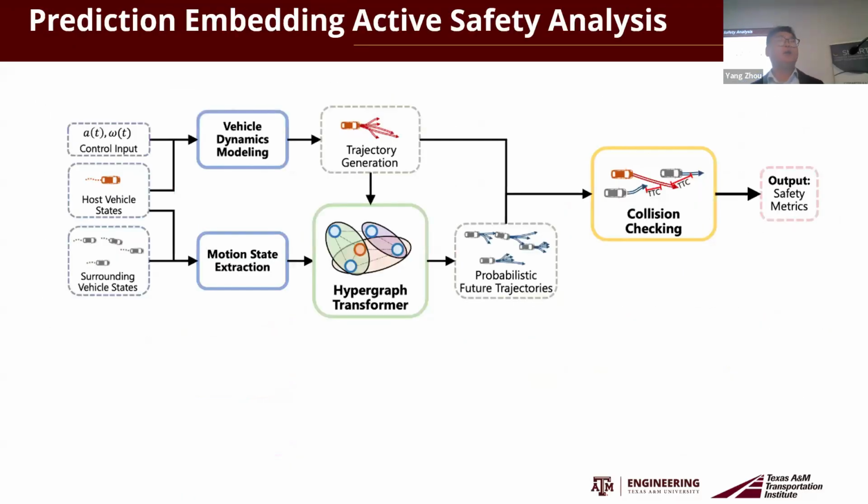So here is how we combine what we developed here. Given the host vehicles, we can have very high fidelity vehicle dynamics, and we further input the predicted vehicle trajectories inside these surrogate safety measures. By that, we can analyze our clearance based on our digital twin platform.